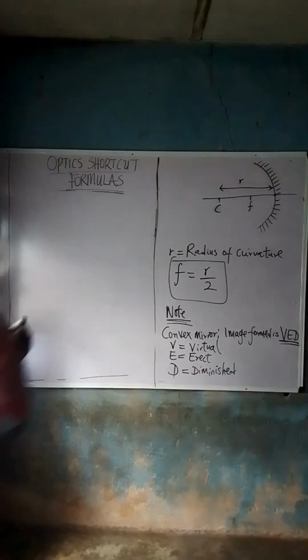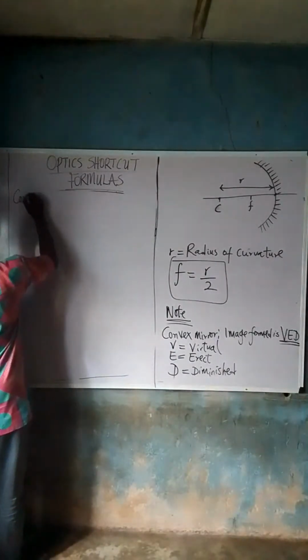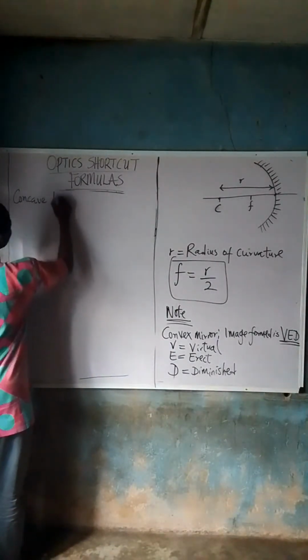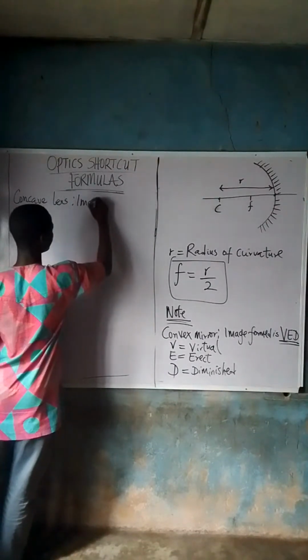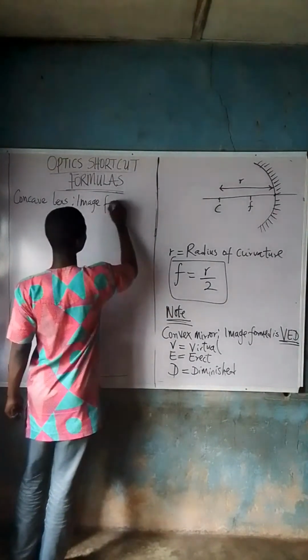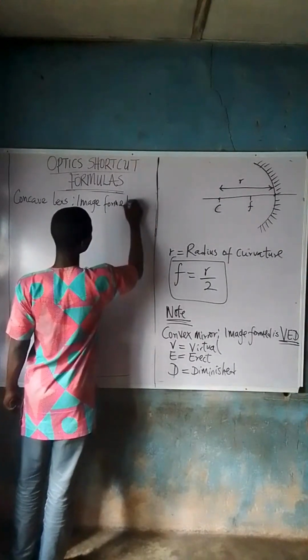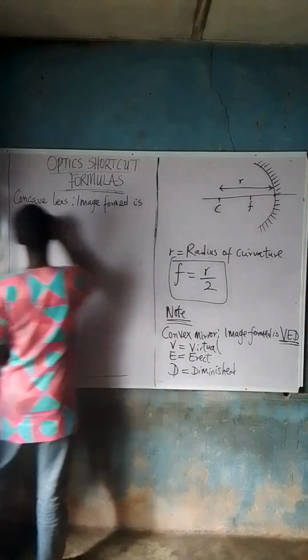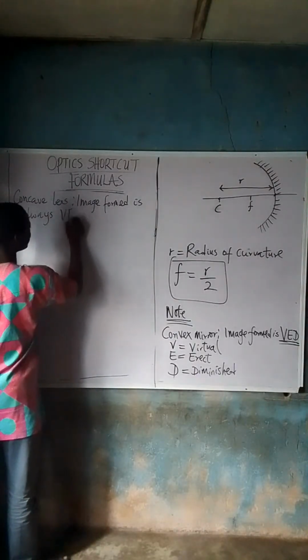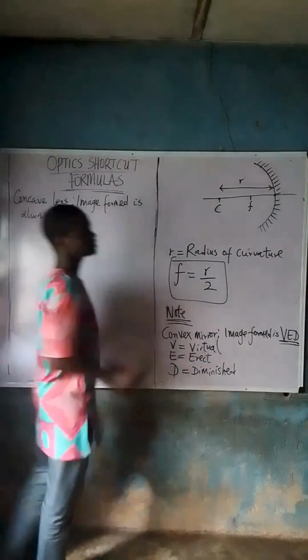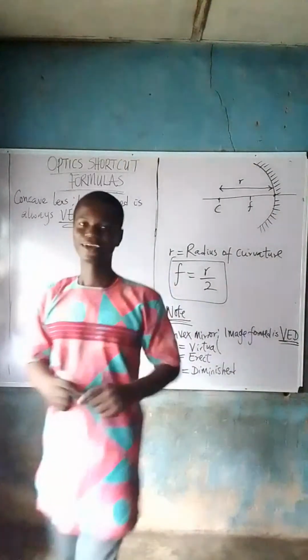So now take note, for a concave lens, image formed is always VED. So check, it's the same thing. Are you seeing that?